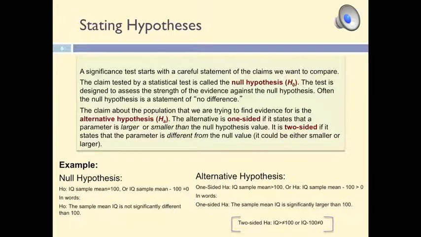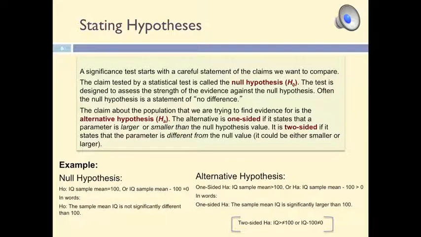We use the term null because we assume that there is no difference between the two means, or we can say that the recorded difference is not significant. The notation that is typically used for the null hypothesis is H0, because the zero is the symbol for null.